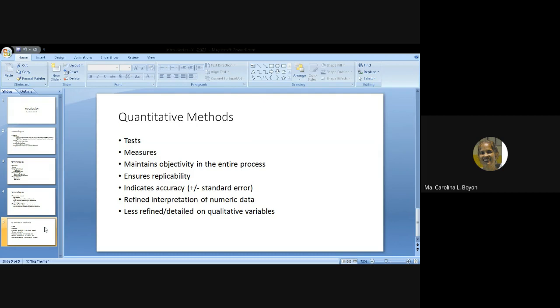Kaya lahat nga ng steps doon sa research method talagang tinututukan. So numeric data will be understood for the value it is represented with.